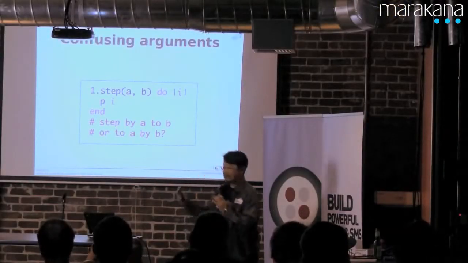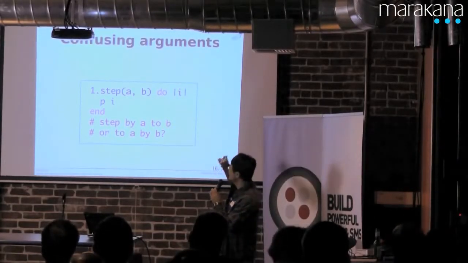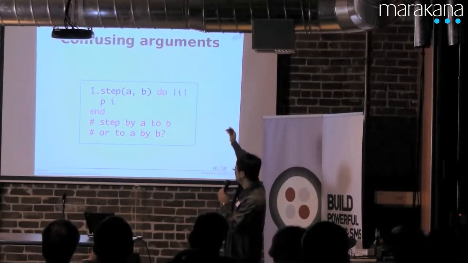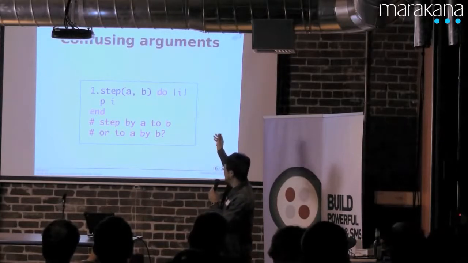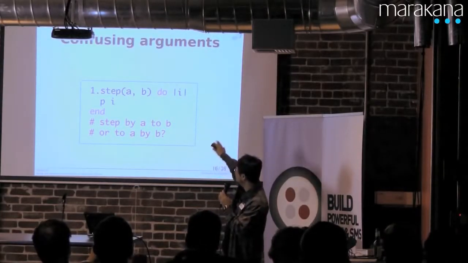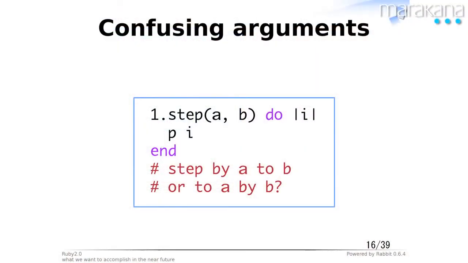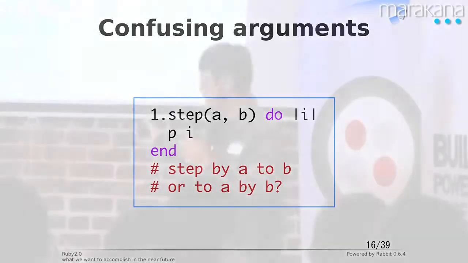Sometimes the sequence of the arguments is confusing, like 1.step(a, b) can be read as step by a to b, or step to a by b. It's a little bit confusing, especially once you get used to languages like Objective-C or Smalltalk.